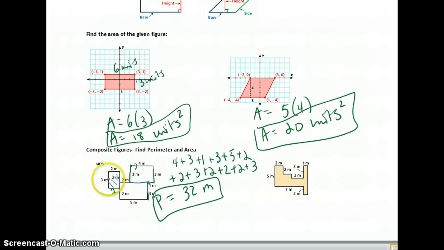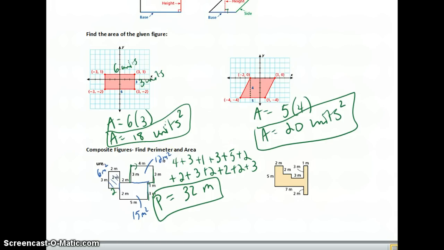So our area of this figure right here, 3 times 2, we know it's length times width, so it's 6 meters squared. If we look at this rectangle down here, we know that this distance is 3, the length is 5, so this is 15 meters squared. And again here, our length of 4, our width of 3 gives us 12 meters squared.